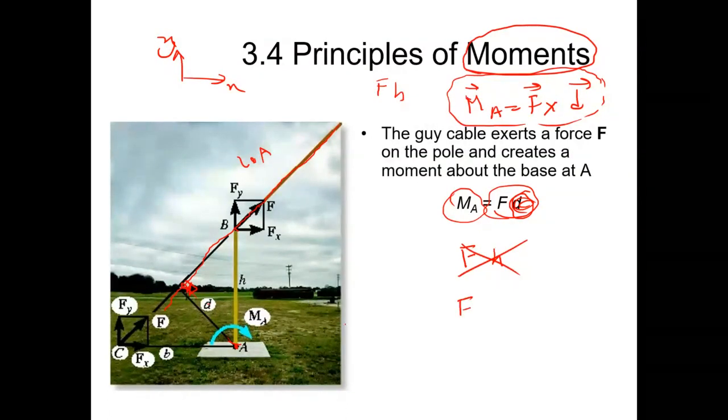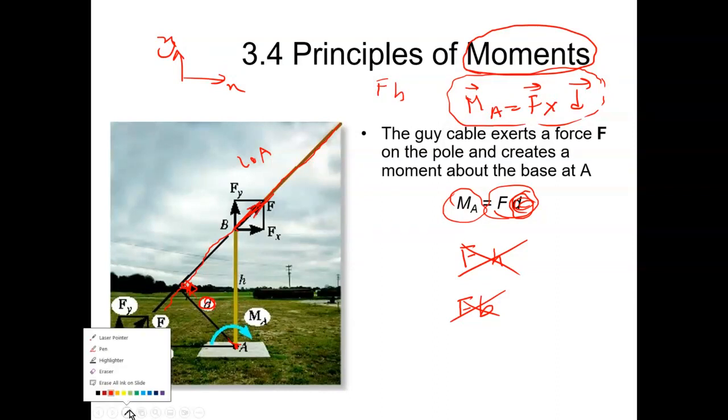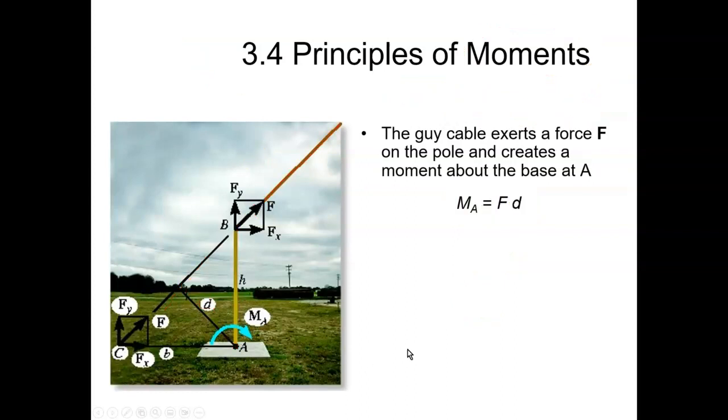I don't use F times B. That is wrong. The correct one is F times D. And what is D? D is the shortest distance between the point of rotation and the line of action of the force itself. I do all of that because I want to treat the moment as a scalar, not as a vector. Once you fully understand that, we move into the vector analysis.